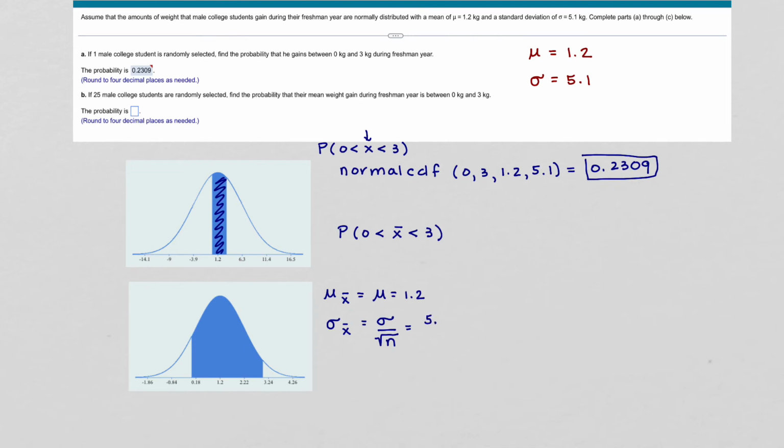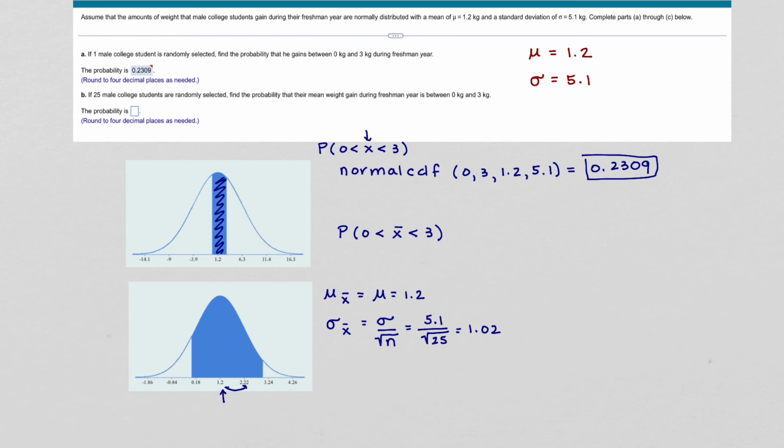So this is going to be 5.1 divided by the square root of 25, and that gives us 1.02. So now we have the mean in the center here again at 1.2, but the spread is much smaller. So we have 1.02 for our standard deviation.